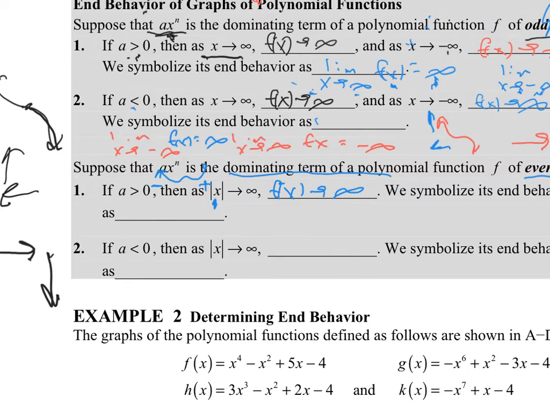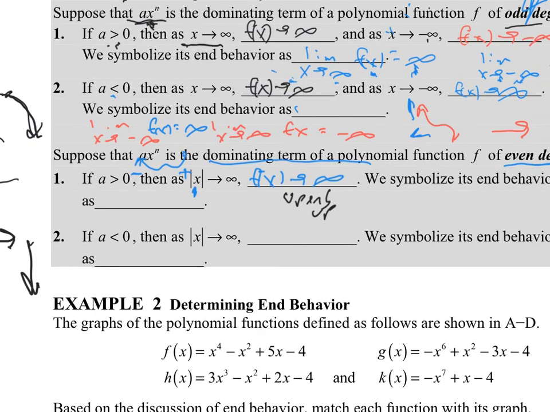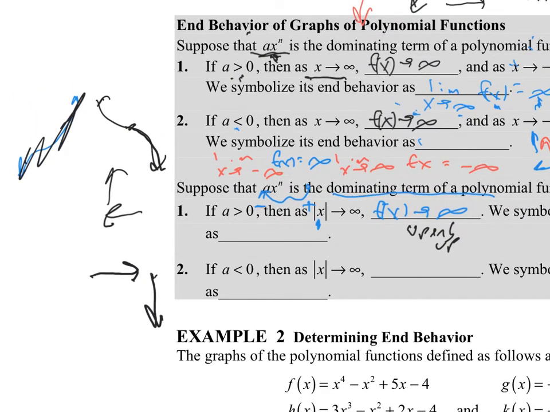That means it's going up. We could have said it opens up. Matter of fact, I'll put that there. Opens up. We symbolize the end behavior as the limit as x approaches plus or minus infinity. Both sides of f of x will be infinity.